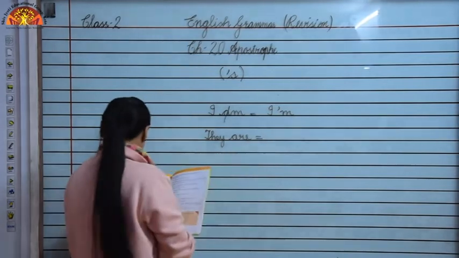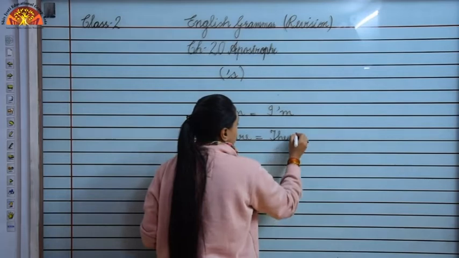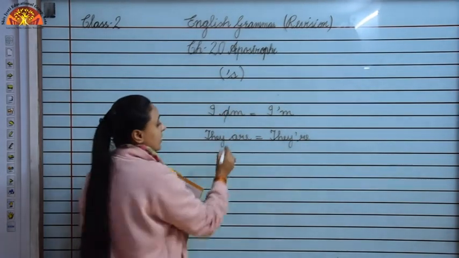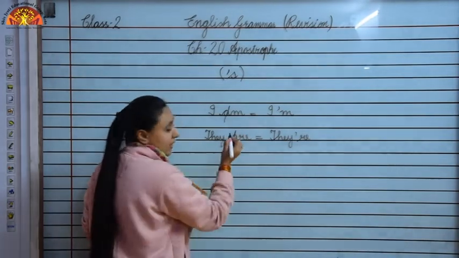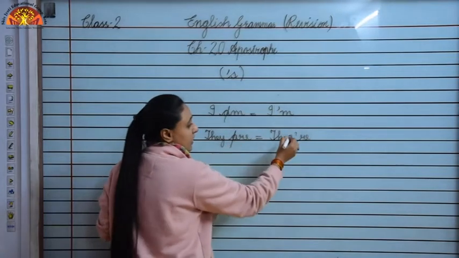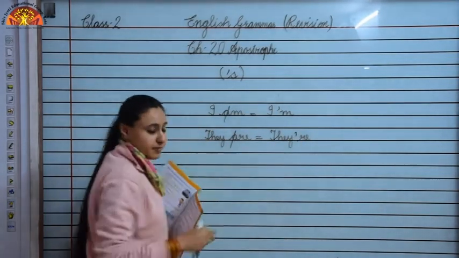In this, I can write this as they apostrophe re. I will read it as they are. And in this also I have omitted a, and in place of a, I have used an apostrophe. It will become they're.